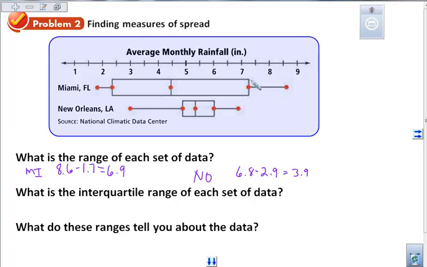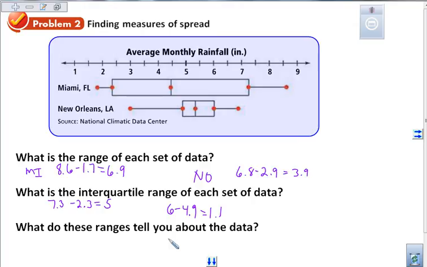So Q3 is 7.3 and Q1 is 2.3. So 7.3 minus 2.3 is 5. For New Orleans, we're looking at 6 and about 4.9. So 6 minus 4.9 gives us 1.1.